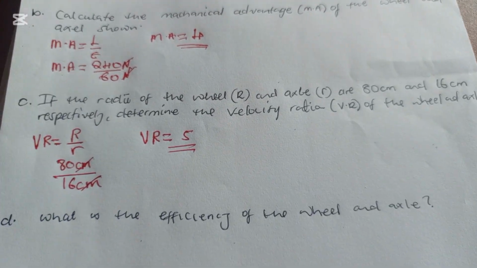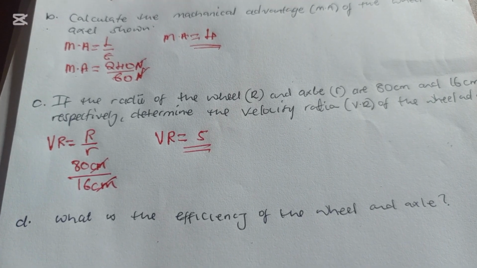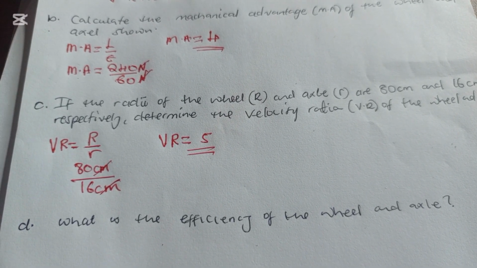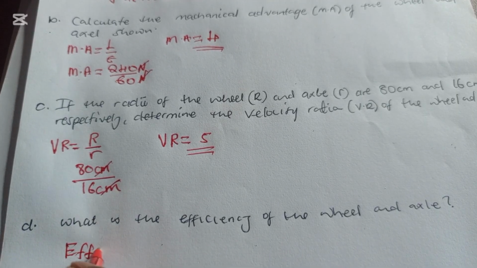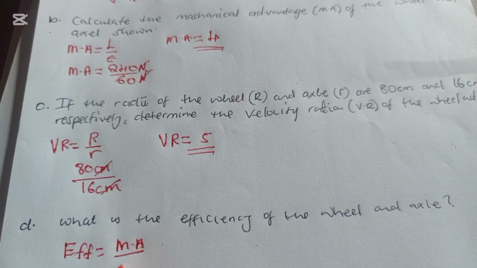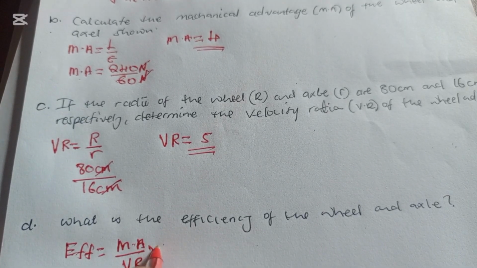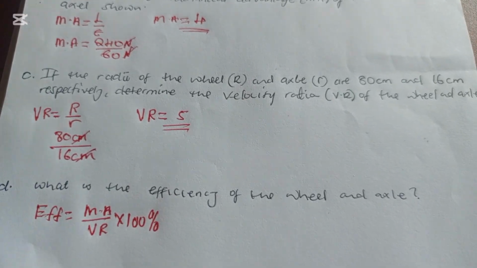Question D reads, what is the efficiency of the wheel and the axle? So we need to know that efficiency is equal to mechanical advantage over VR times 100%, because efficiency is always expressed as a percent.